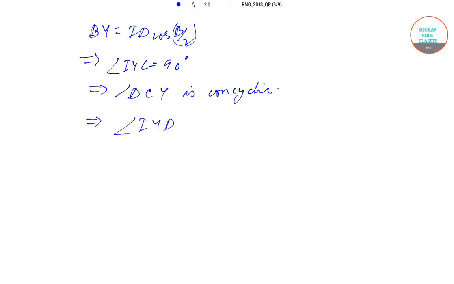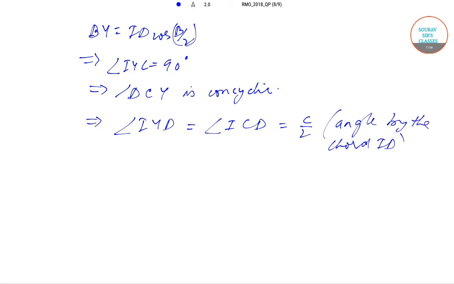I suggest that you keep the diagram close to you so that you can understand what I'm trying to get over here. So please draw the diagram first in your copy, and then as I proceed with the problem, you carry along with that. So we get angle IYD equal to angle ICD, and that will be equal to C by 2. And this is because of angles by the same chord. If we consider the chord ID, then we can get this.